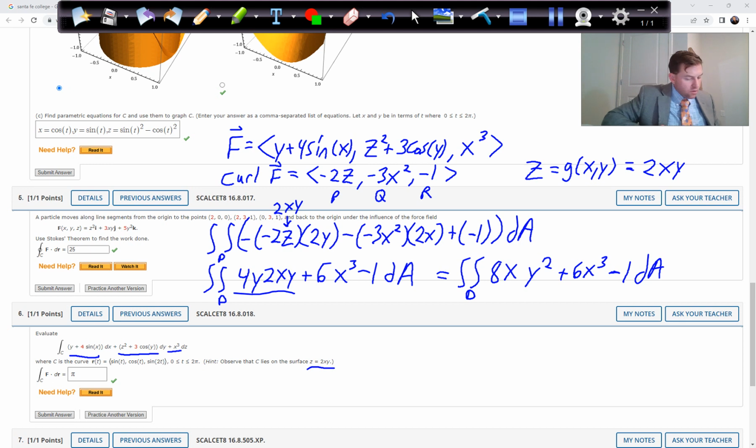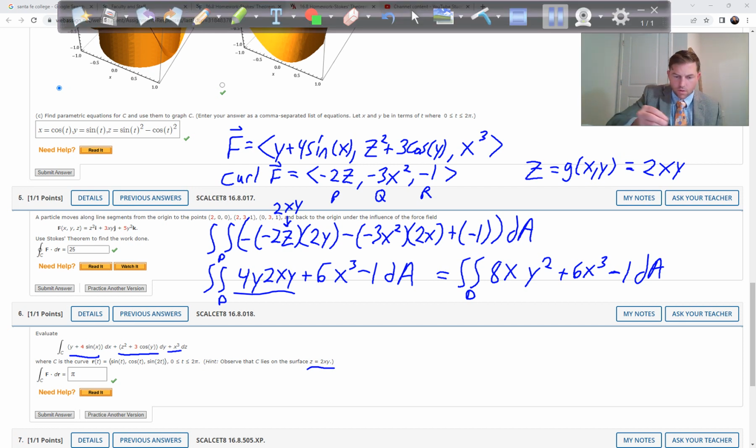Okay, now because we're working with sines and cosines, and t goes from 0 to 2 pi, we're going to want to change this to polar coordinates. Now I did miss something here.